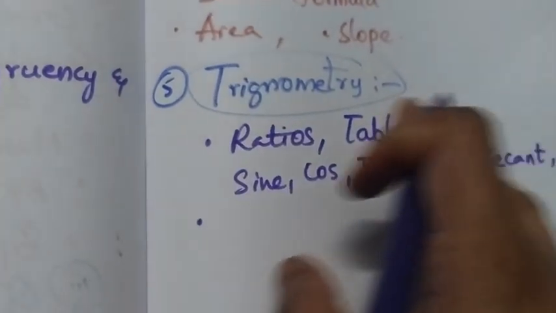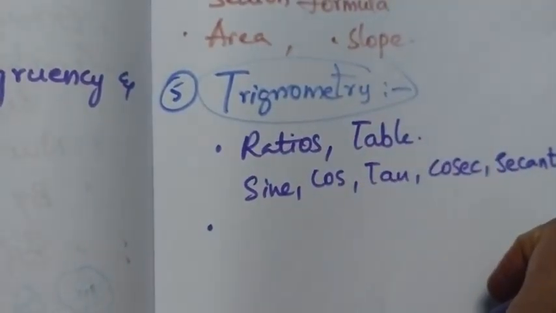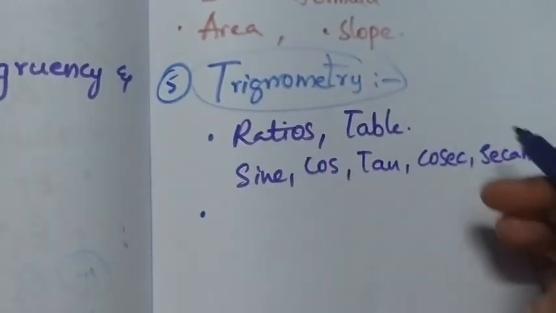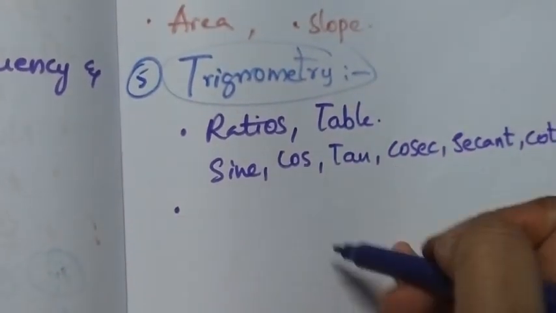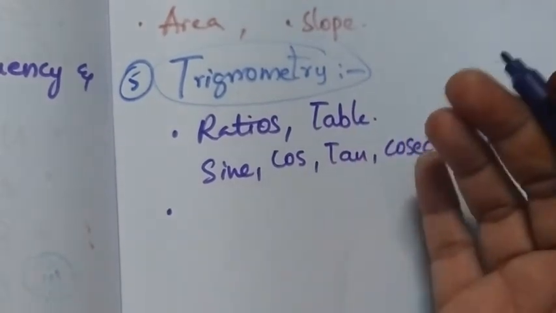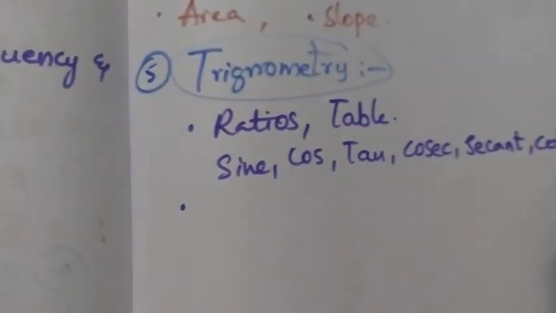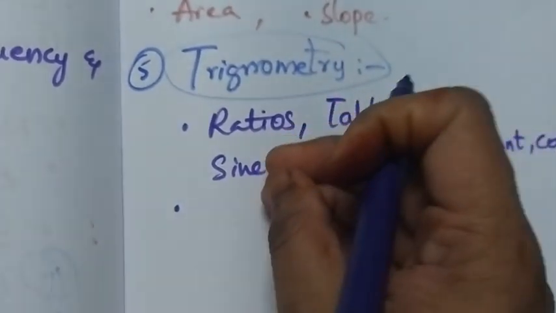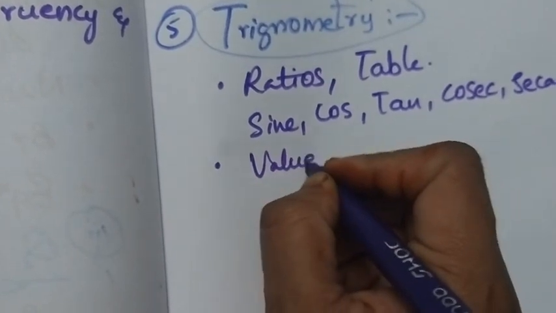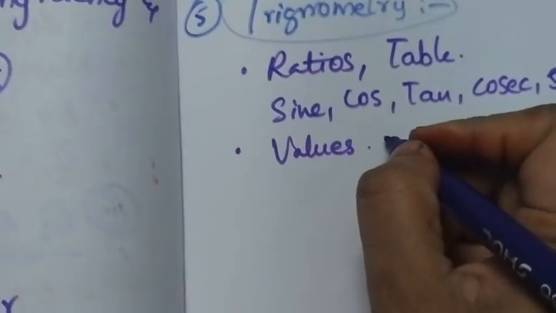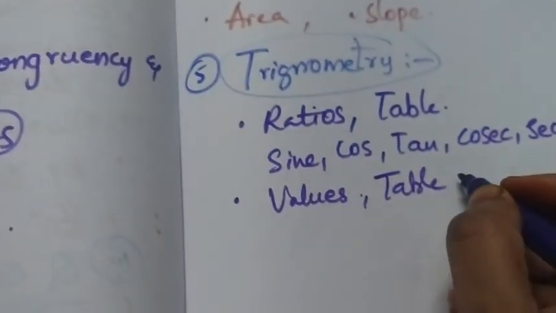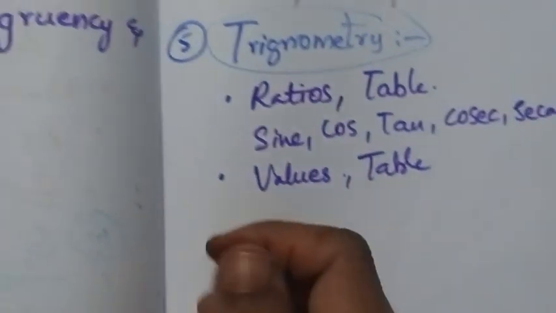Go through the table so that you can remember it easily in the exam: the ratios of sine, cos, tan, cosec, sec and cot, and the values at 0, 30, 45, 60 and 90 degrees. I have uploaded a very easy trick in that video, so watch completely.